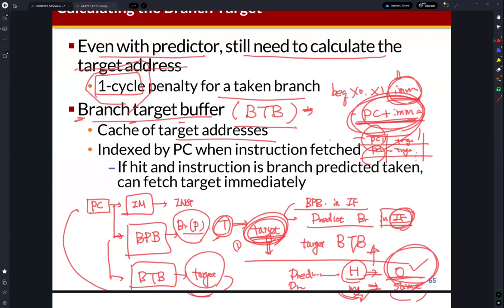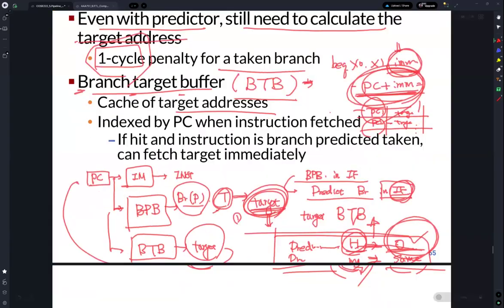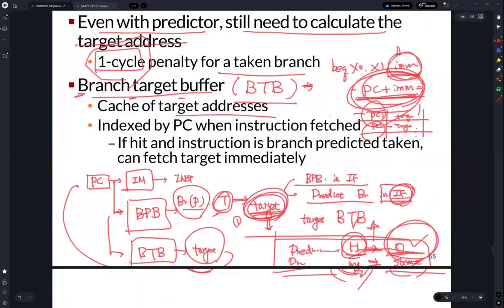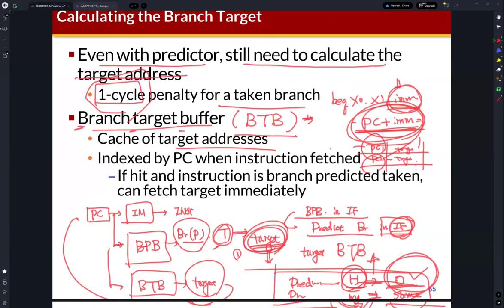As I mentioned, if the prediction is a hit, there is no penalty. If the prediction is missed, then the penalty is the same as the original branch instruction. So that's why we use the prediction technology. Okay. So this is also very important. I hope everyone can understand this issue.